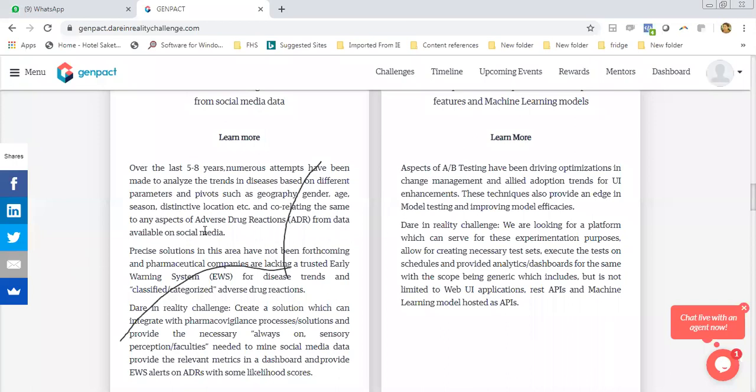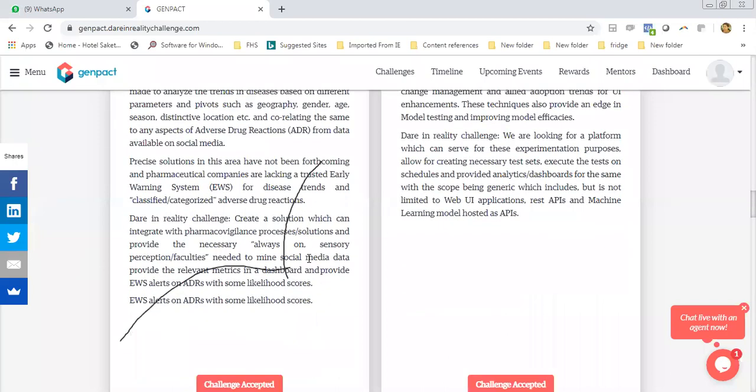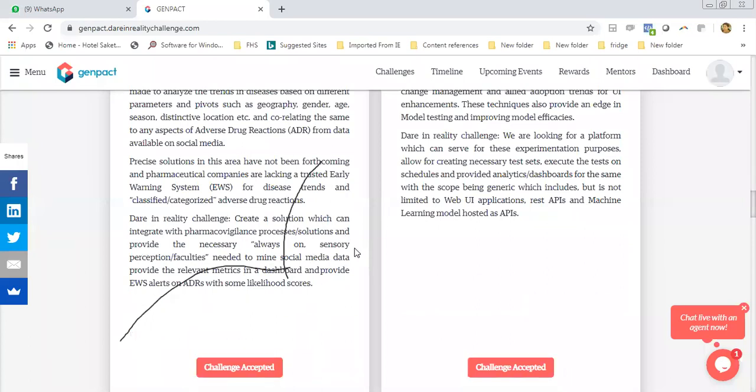You are going to extract information from the unstructured data, and if you find a signal for certain keywords or phrases, you are supposed to throw alerts. So while the world is the pharma world, the technical problem is in front of you.